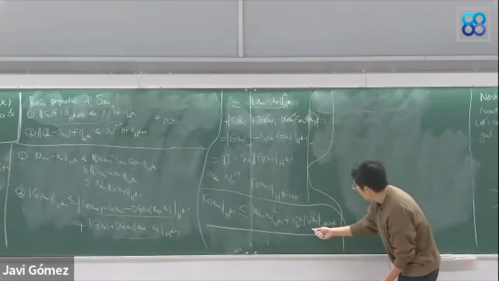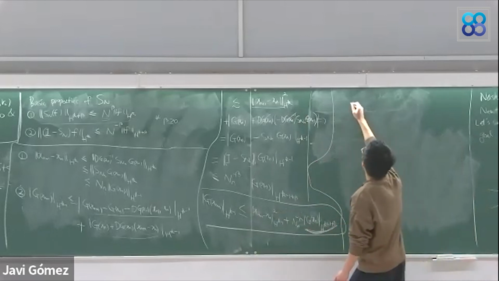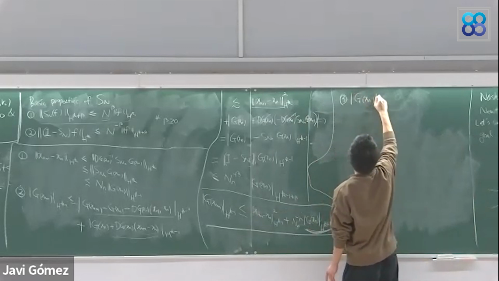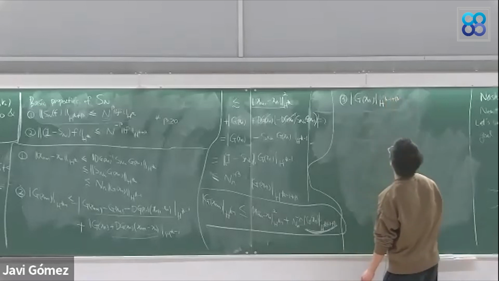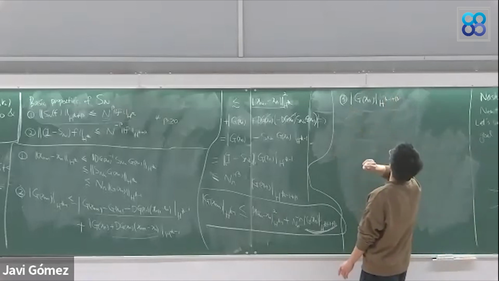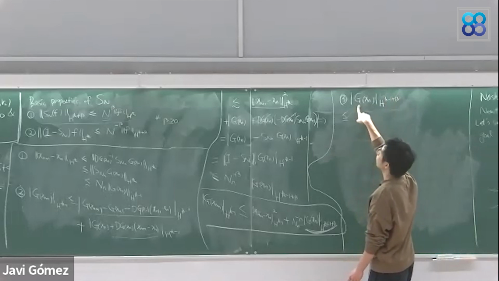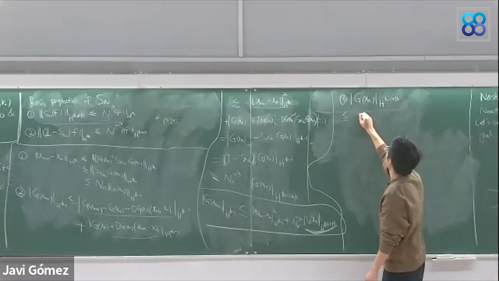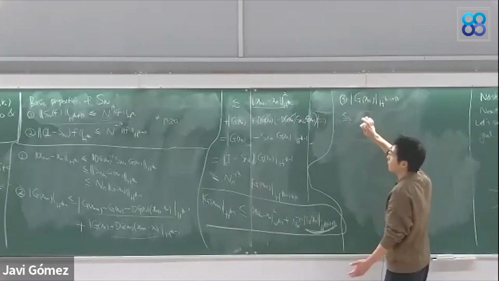Now we have to estimate this term as well. We write this term as, because G is smooth in any space H^k, some constant that depends on beta, but we will fix beta at the end.